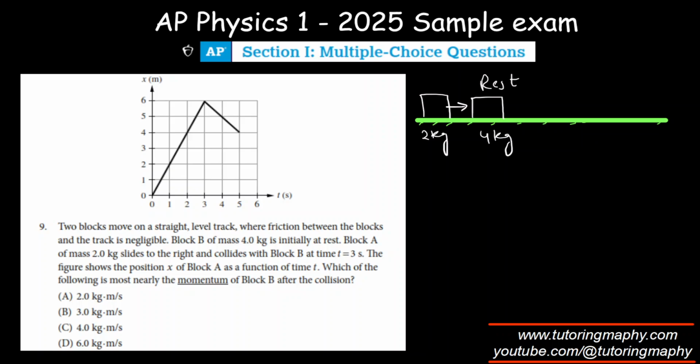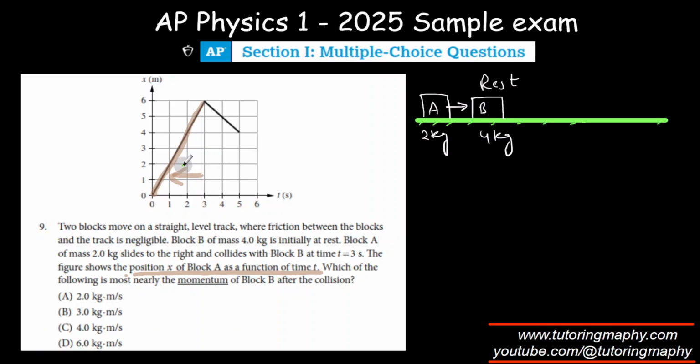That's all we know. But since this is the position x of block A as a function of time, we can just find the speed of block A from this information, right? Because before 3 seconds, there is no collision.